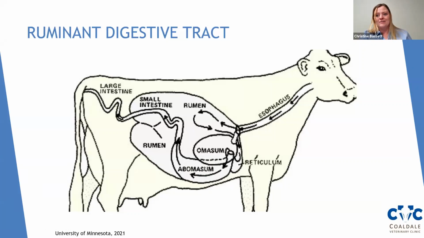Basically that calf is going to regurgitate it and do what we call chew their cud, meaning they're going to bring it up into their mouth, and then chew it again. That helps, one, break down the particles a bit more, and then also it creates more saliva. That saliva, again, is going to help buffer the rumen acids.